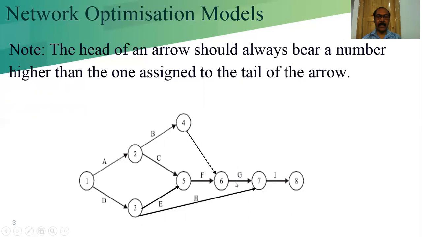Here G is the activity which depends on activities B and F. That's why we are using a dummy activity here. Now this node is the successor of 3 and 6. 6 is the predecessor number, so it will be increased by 1, 7. And this is the last node, it is 8.